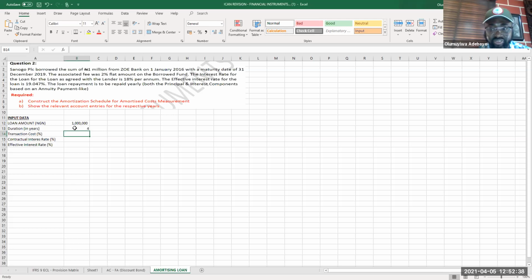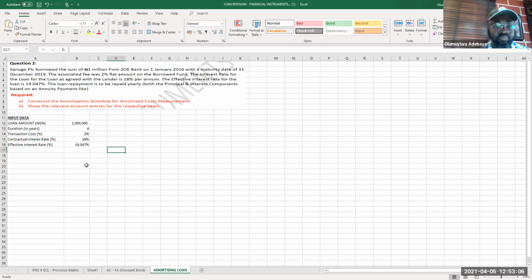It's 4 years. Transaction cost, we're told 2% flat on the loan amount. Contractual interest rate, 18% per annum. And an effective interest rate, which we will determine ourselves further, so that we can know how they arrive at it.